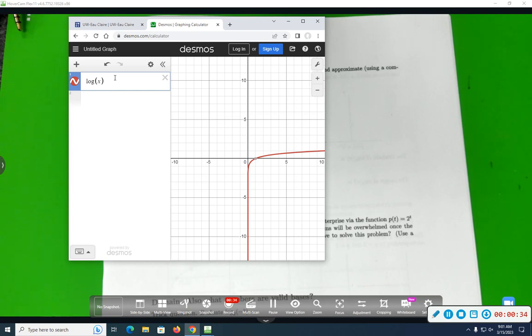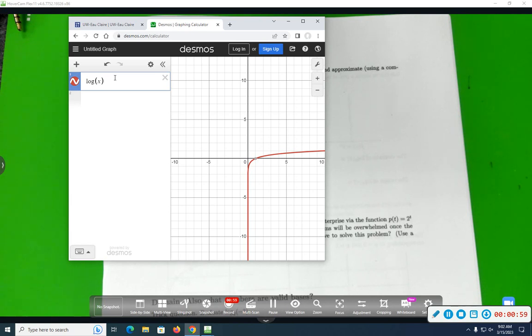Let's see, log base b of x. This is like the inverse to y equals b to the x, right? That's the whole point of logs. They undo exponentials.